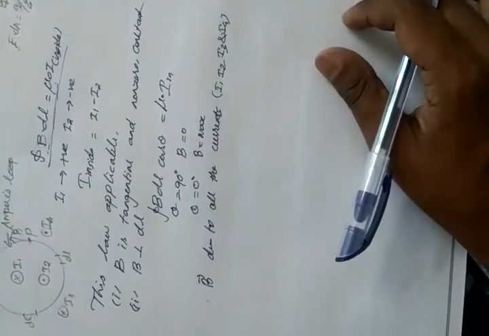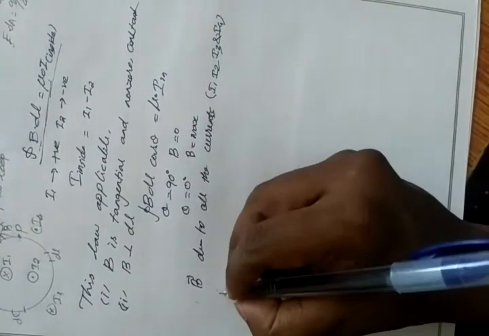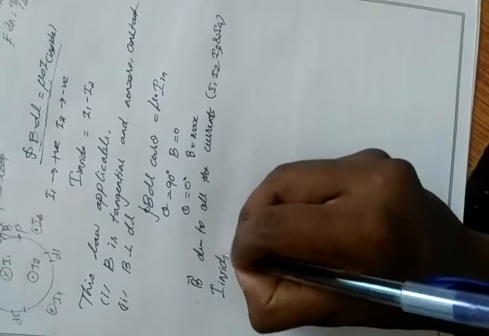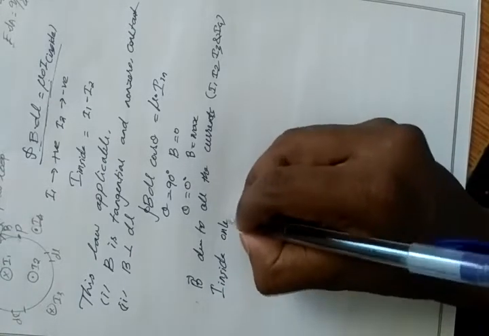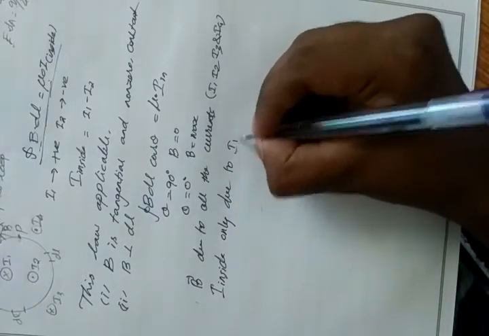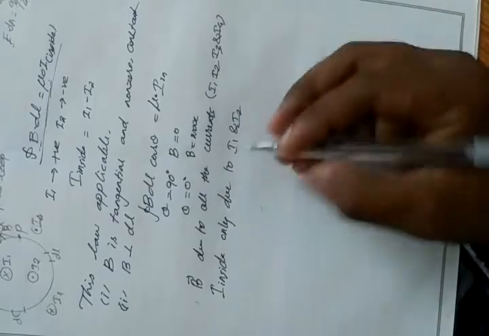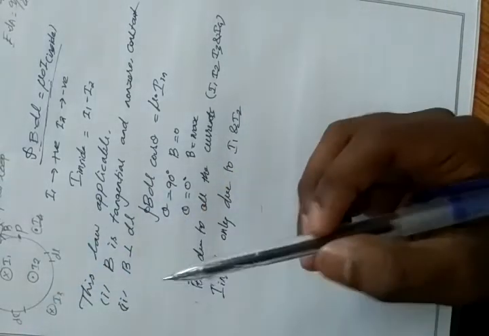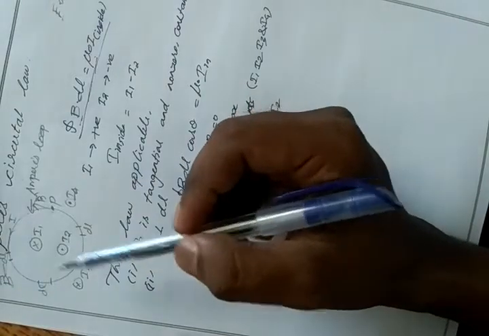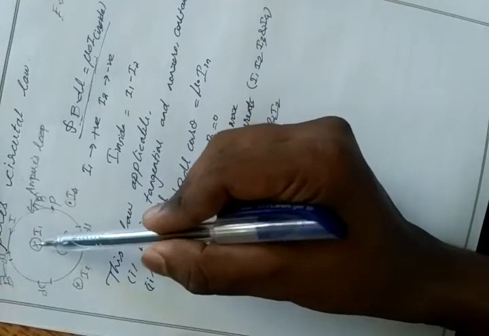But mu naught I inside is only due to I1 and I2, which are enclosed by the Ampere loop. So B is due to all four currents, but I inside is only due to these two currents.